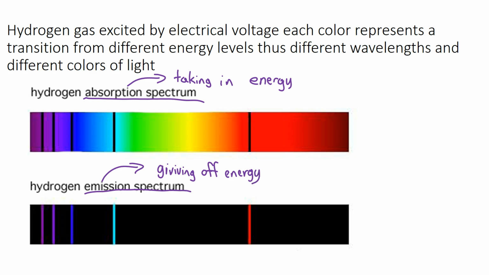All right. So we're looking at electrons either gaining energy, that's what we would see with an absorption spectrum, and then the emission spectrum, we're looking at electrons giving off energy.